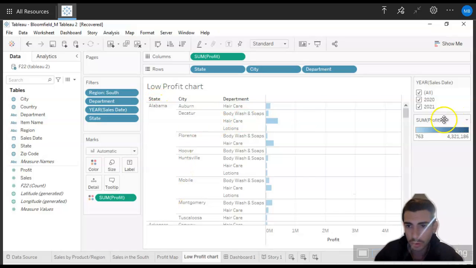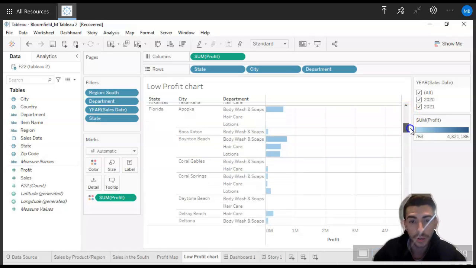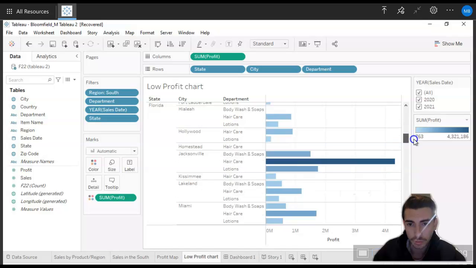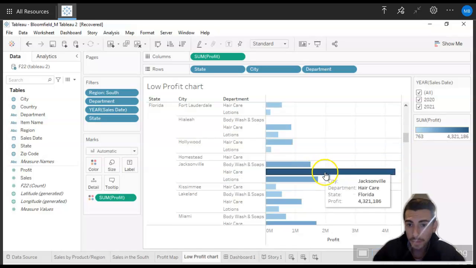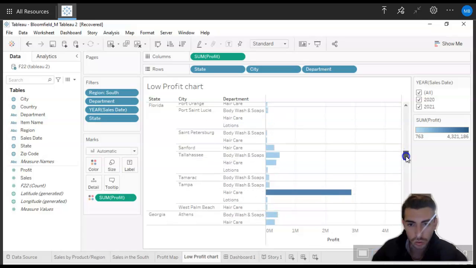We can scroll down and check Florida, for example. In Florida, we will see one bump. There it is, which is in Jacksonville. We can see in Jacksonville, which is the city, what product we are selling, which is body wash, soaps, hair care, and lotions. Jacksonville from all Florida is the one that had the most sales, then Tampa.